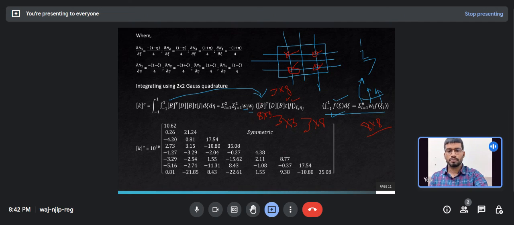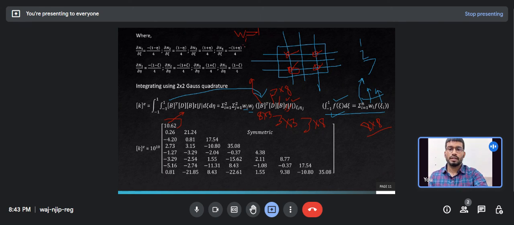So first you calculate the B matrix by substituting this value, then write D, then B, and you multiply these matrices and this T and J. So you will get every element in terms of eta and zeta, right? And then, by using the 2 into 2 Gauss quadrature, integrate at these 4 points. If you are using the 2 by 2 Gauss quadrature, then the weight functions will be 1 along this and along this also.